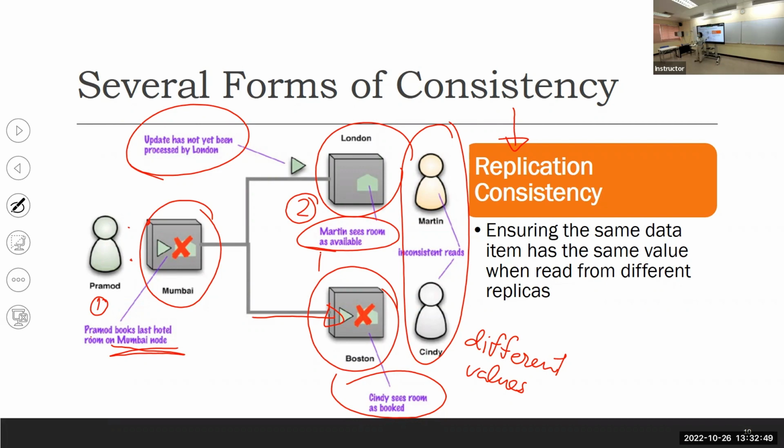It's not even helping, right? So replication consistency means that we need to make sure that different copies of the data should see the same values. And that is called replication consistency.